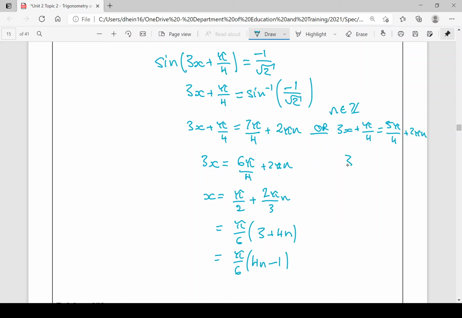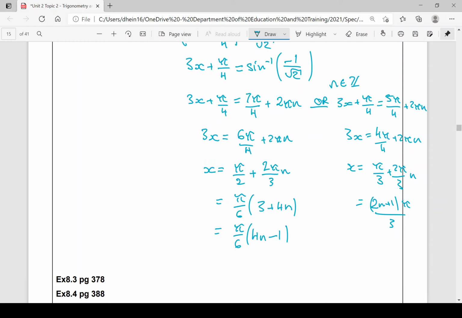So we're going to get 3x equals 4 pi on 4 plus 2 pi n, which means x is equal to pi on 3 plus 2 pi thirds n, which is going to give us 2n plus 1 pi on 3.